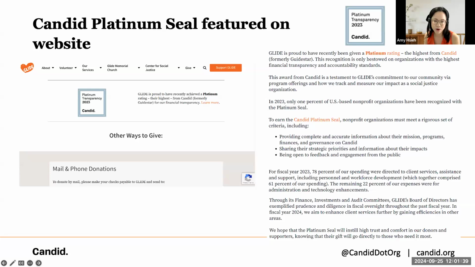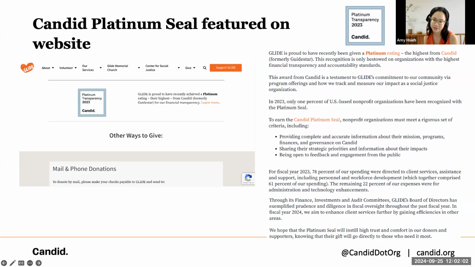You can see that it's prominently displayed, as well as a brief explanation of what the platinum rating means. If you click on the orange Learn More link, it pops up to a separate page. Here it explains what the platinum rating means and a little bit about Candid.